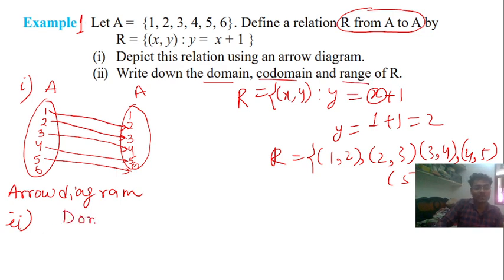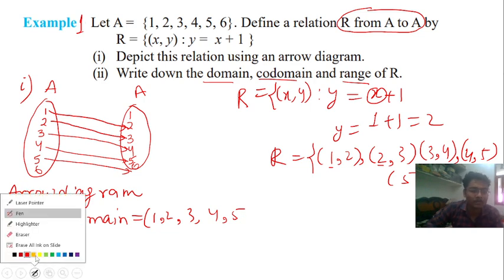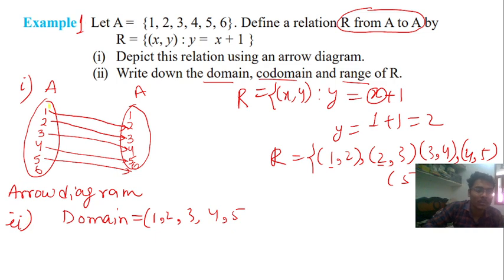What is domain? As I already told you, domain is the set of first elements from the relation. So we write 1, 2, 3, 4, 5. Only these 5 elements are firing their arrows to the set A. So they are the domain.